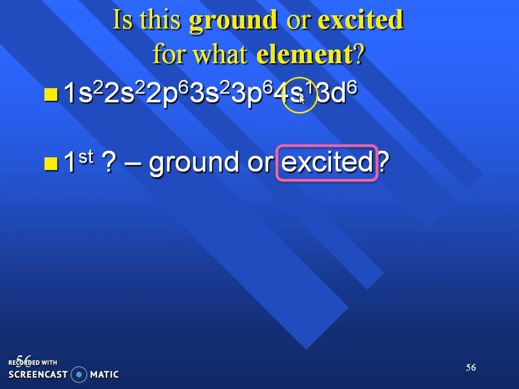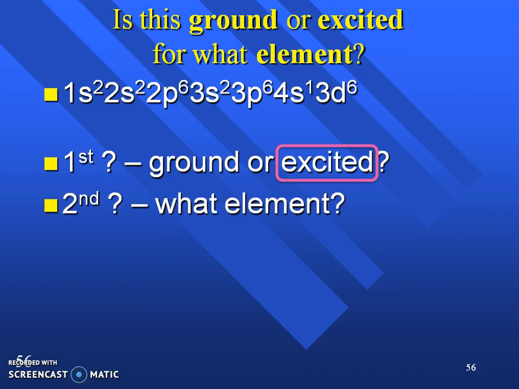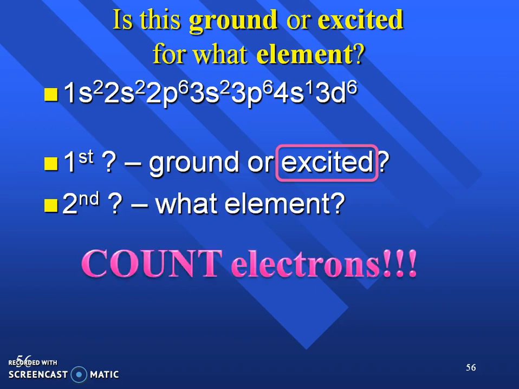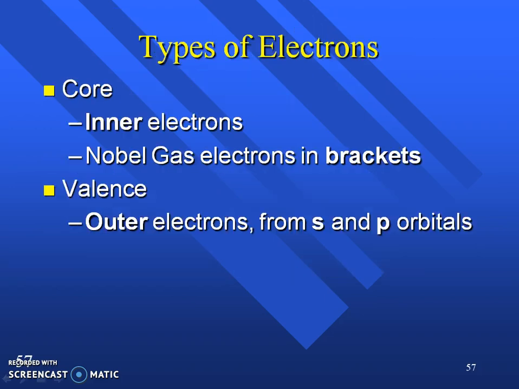The 4s should be a 4s2, but that 1 must have moved to the 3d. Now, my next question is, what element is this? Before you go any further, I'm going to tell you always, always, always count those electrons. So 2 plus 2 plus 6 plus 2 plus 6 plus 1 plus 6 should give you the amount of electrons for manganese, Mn. So just count those electrons.